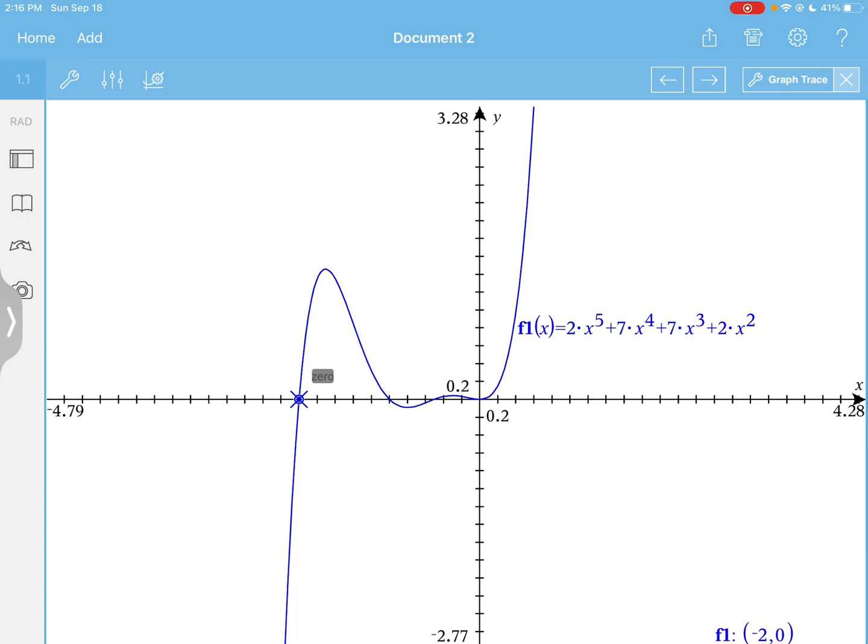So I'm going to go ahead and start over here and work my way left to right. So my first 0 is negative 2. Okay, so from negative 2, hit that right arrow until you get all the way to the next 0. So we have negative 2, negative 1. Keep going.